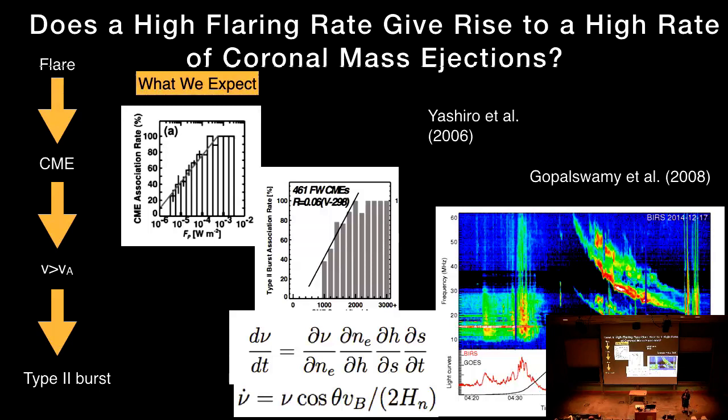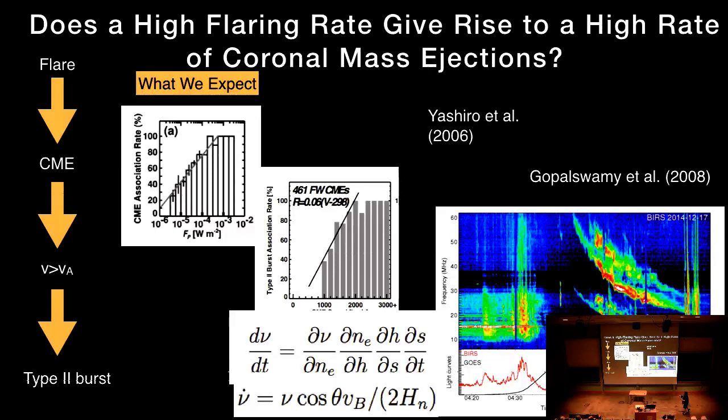So the frequency is changing with time. And that produces a very characteristic signal shape in frequency and time that you can predict if you have an understanding of the atmosphere of the star, if you know what the atmospheric scale height is, and the observables.